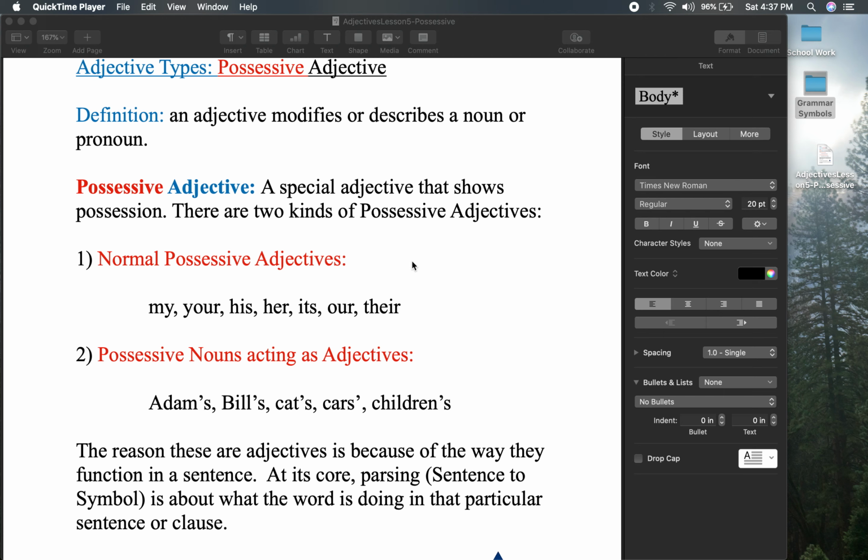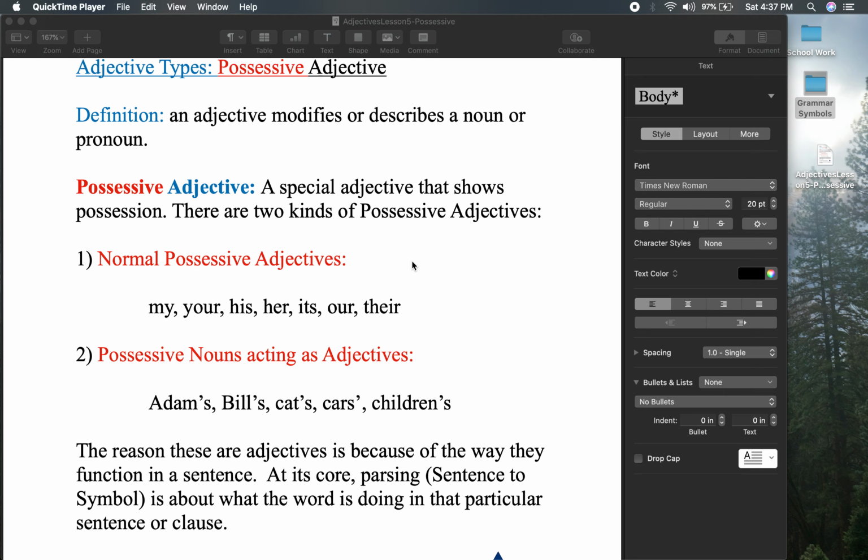And this is where things get a little bit more dicey because some people disagree. There are arguments in the world of grammar about what actually constitutes a possessive adjective. I'm going to go ahead and give you what I think and what is pretty much the Montessori standard. There are normal possessive adjectives such as my, your, his, her, its, our, their. So our car, our modifies car, tells us whose car it is, their car.